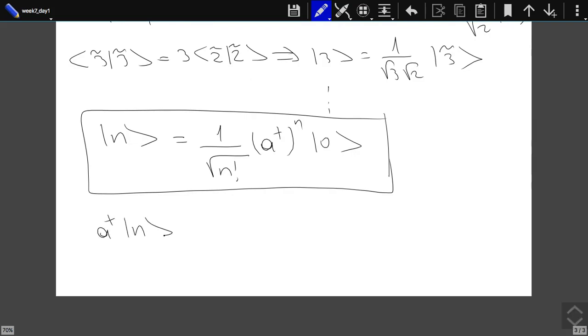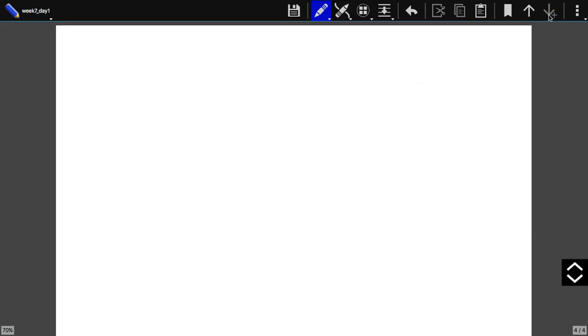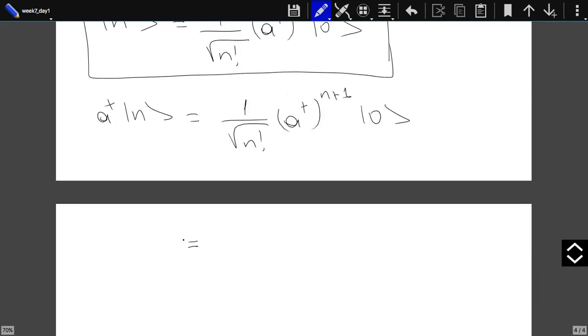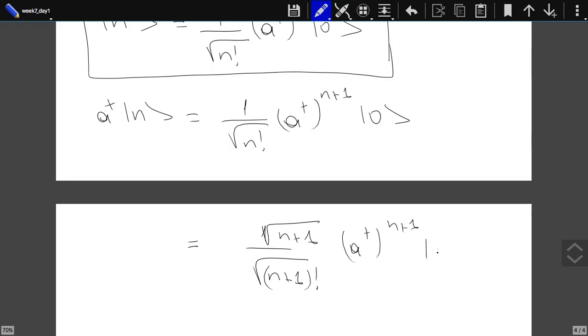Well, a dagger acting on |n⟩ is now 1 over square root of n factorial a dagger to the power n plus 1 acting on the ground state, which is 1 over square root of n plus 1 factorial multiplied by square root of n plus 1 a dagger to the power n plus 1 acting on |0⟩.